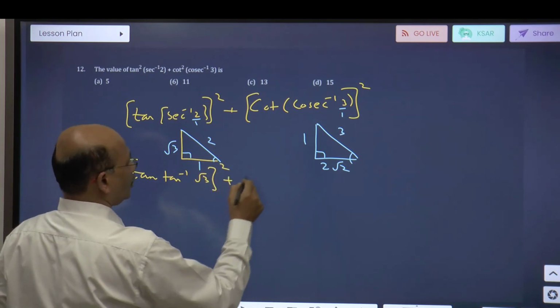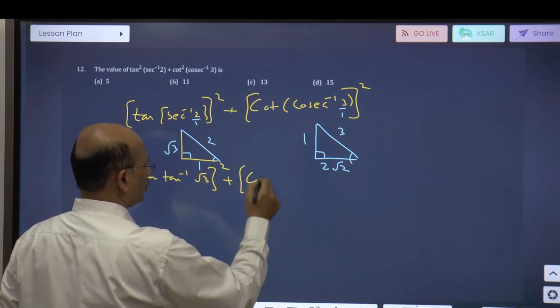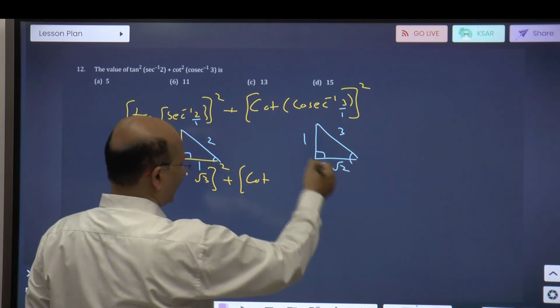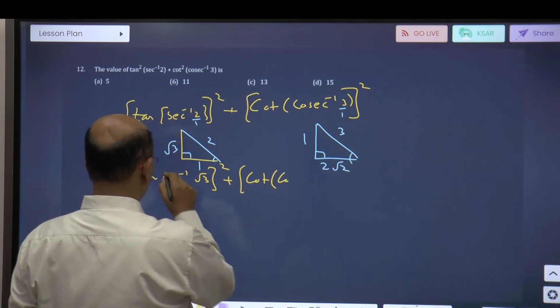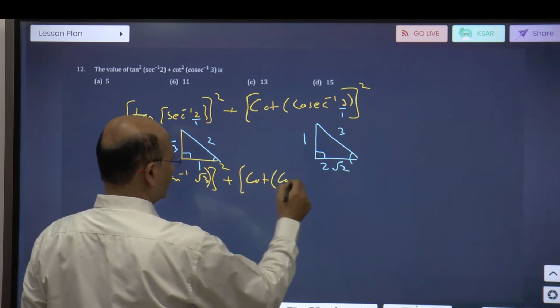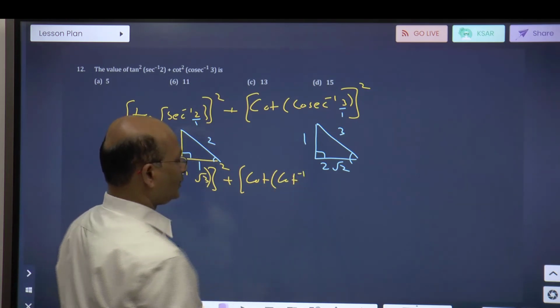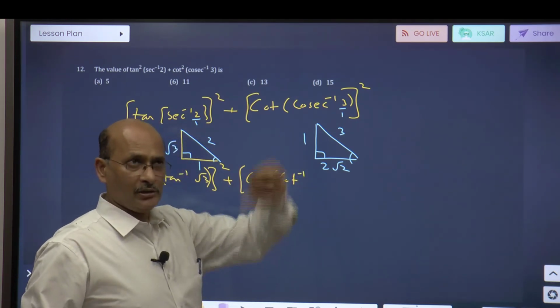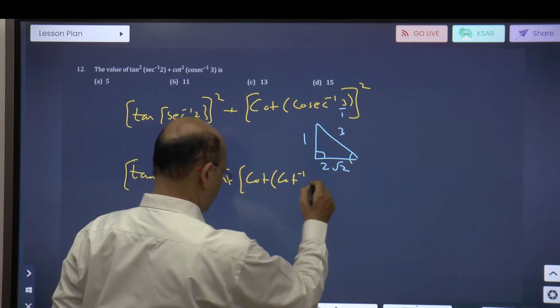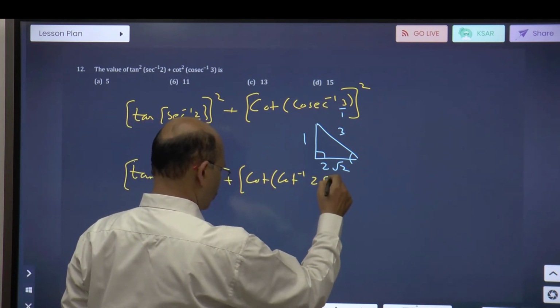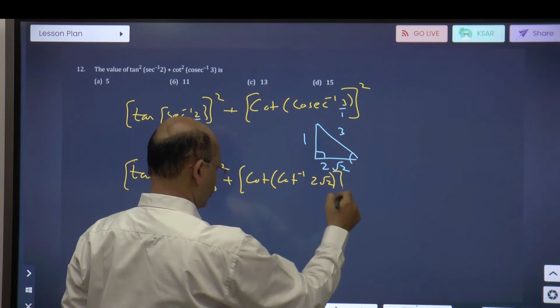Plus cot of, from here I can convert to cot inverse. See, cot is adjacent upon opposite, 2 root 2 upon 1. So 2 root 2 whole square.